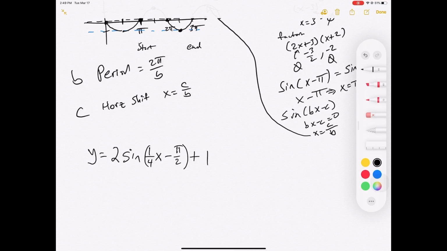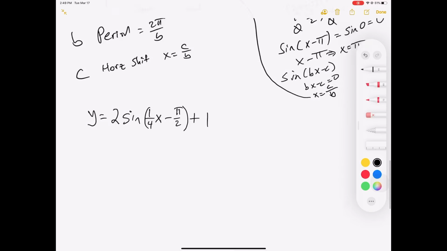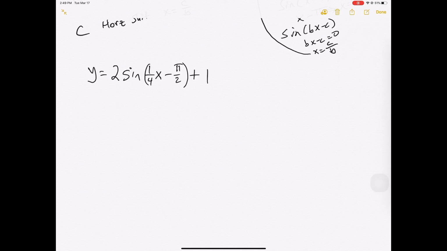Okay. We label, like always, label A, B, C, D till you get really good at this. A is equal to 2, B is equal to 1 over 4, C is equal to pi over 2, and D is equal to 1.